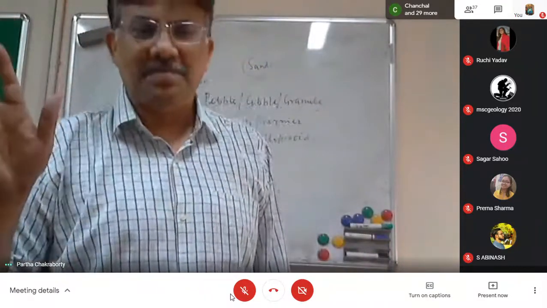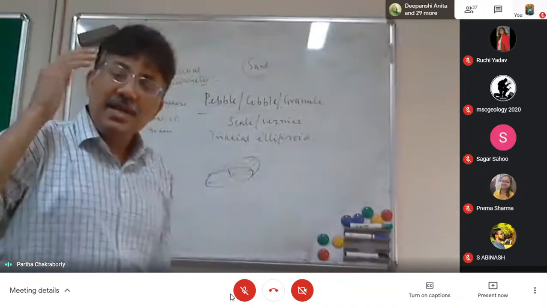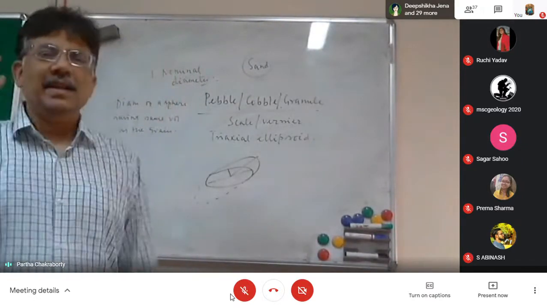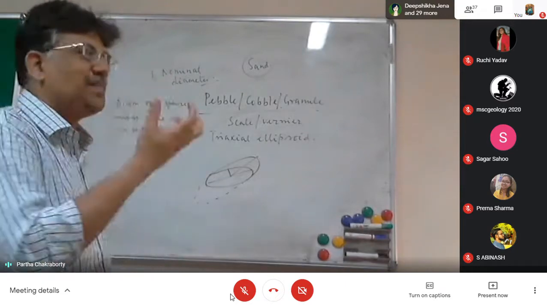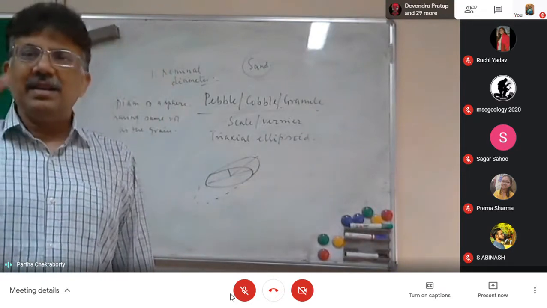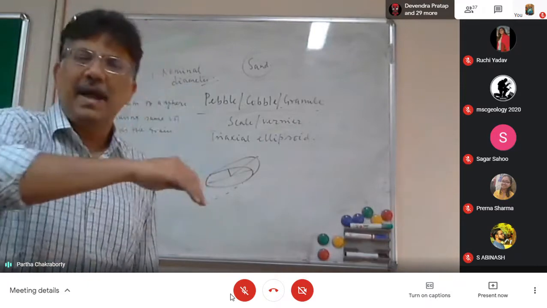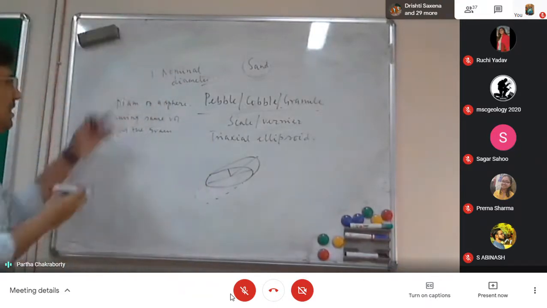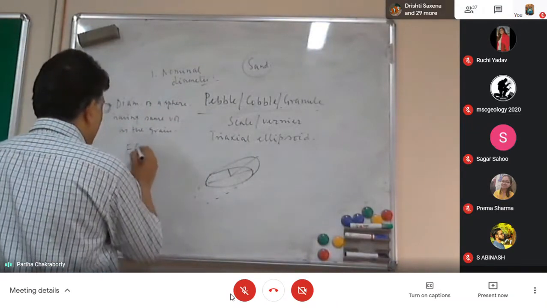So this factor, how the diameter of a grain affects its transport or settlement, is a separate factor that we refer to as the effective diameter. One is the nominal diameter, another is the effective diameter.